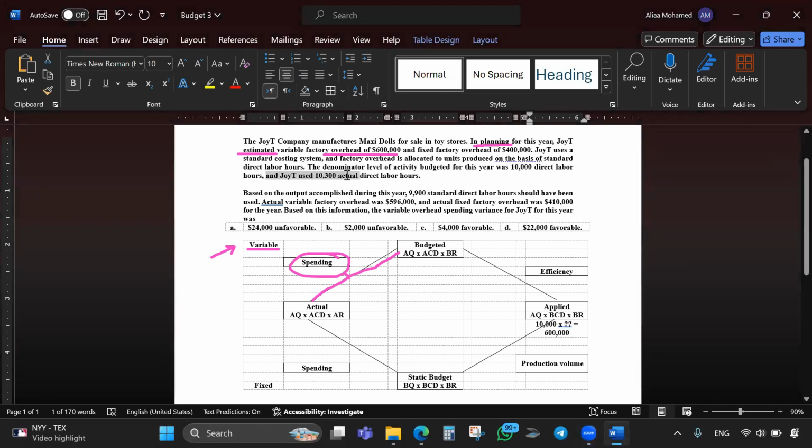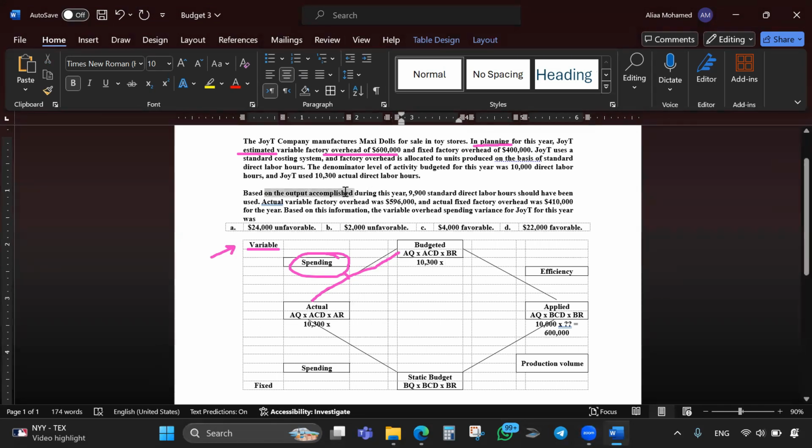While the actual direct labor hours was 10,300, which is actual quantity here. Actual quantity multiplied by actual cost driver. So I write here 10,300. Also, I'll write there 10,300.